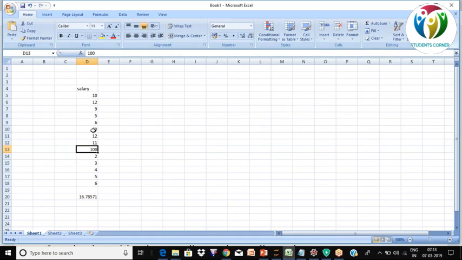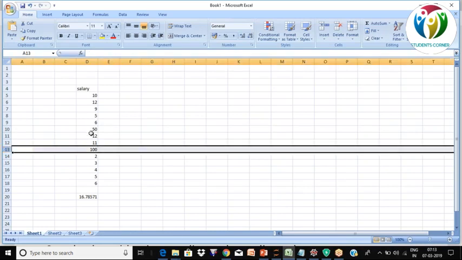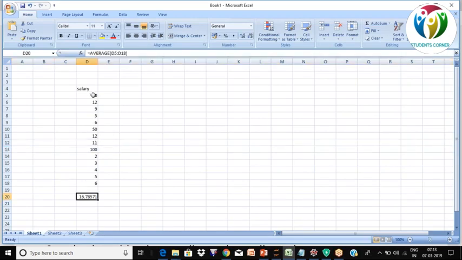This person is earning 50, this person is earning 100. These two values are the outliers, and they are impacting our average value.